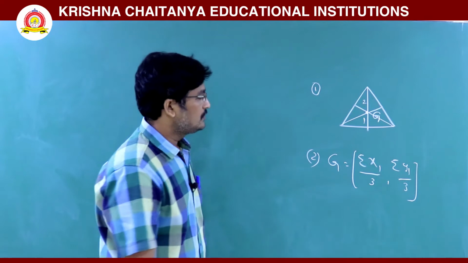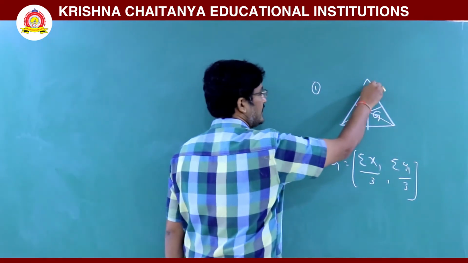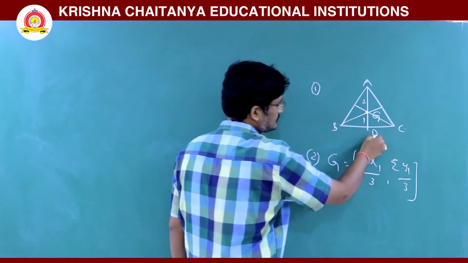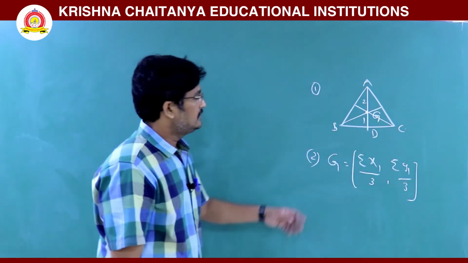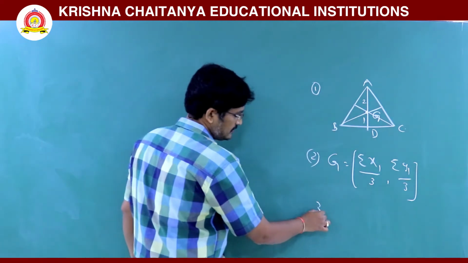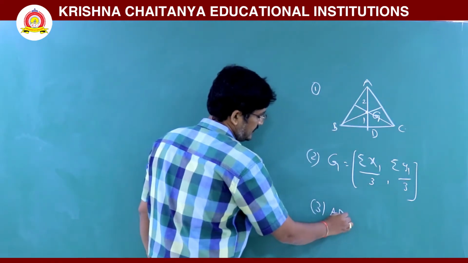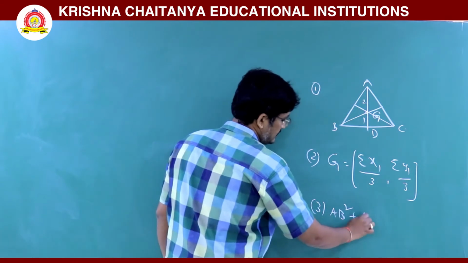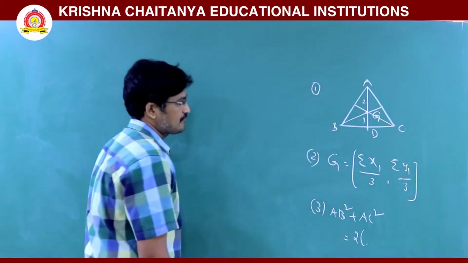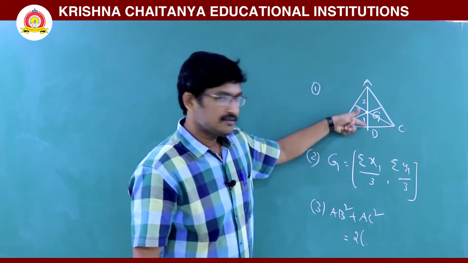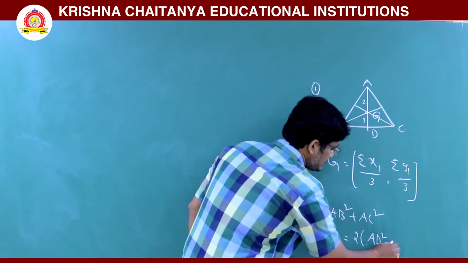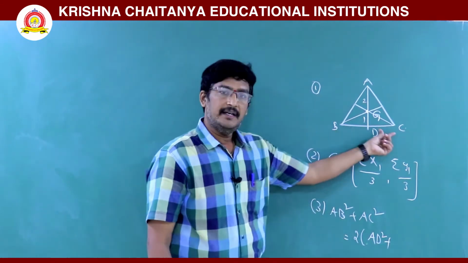Also we learned that if it is a triangle ABC and AD bar is a median, then AB square plus AC square is equal to 2 times of the median length square AD square plus BD square, or DC square.